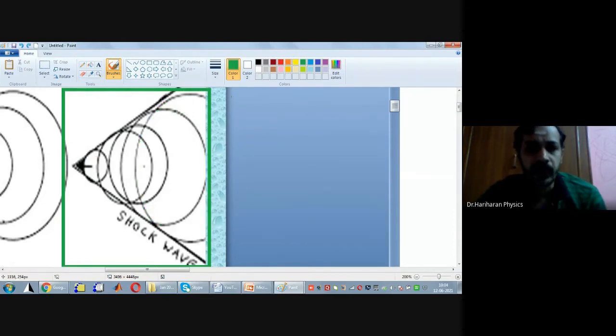Now look here. What do you mean by tangent? A tangent is a straight line that touches your circle only at one point. Suppose I use red color. This is a straight line that touches each of these circles only at one point.